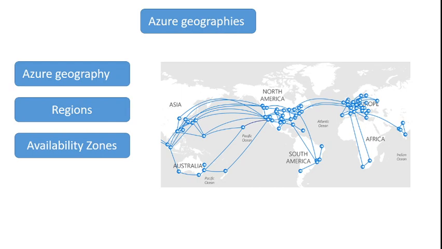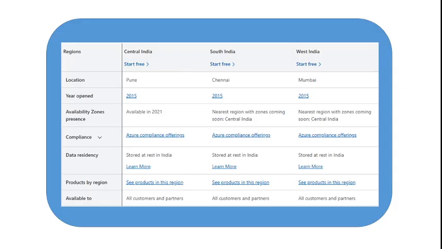What if there is a disaster in a particular region? You can recover, you can manage that disaster recovery through the availability zone. For a particular region, there are availability zones present nearby, so you can store or create a backup of those things on availability zones. That is known as availability zone.